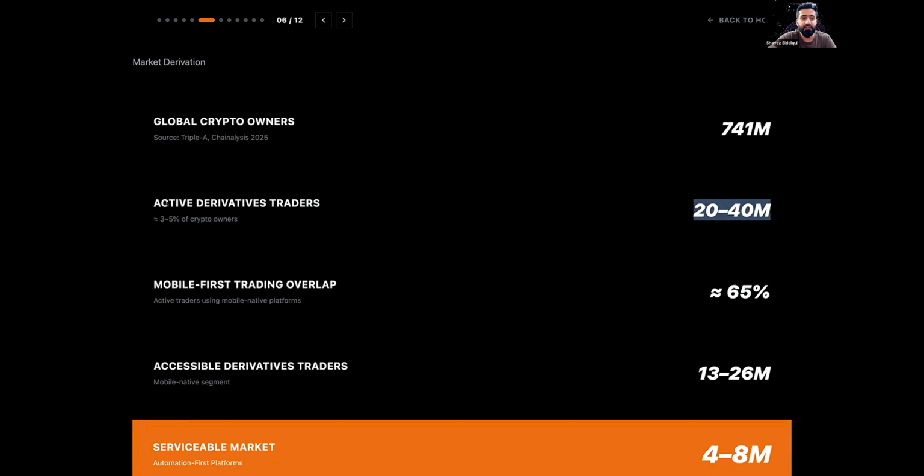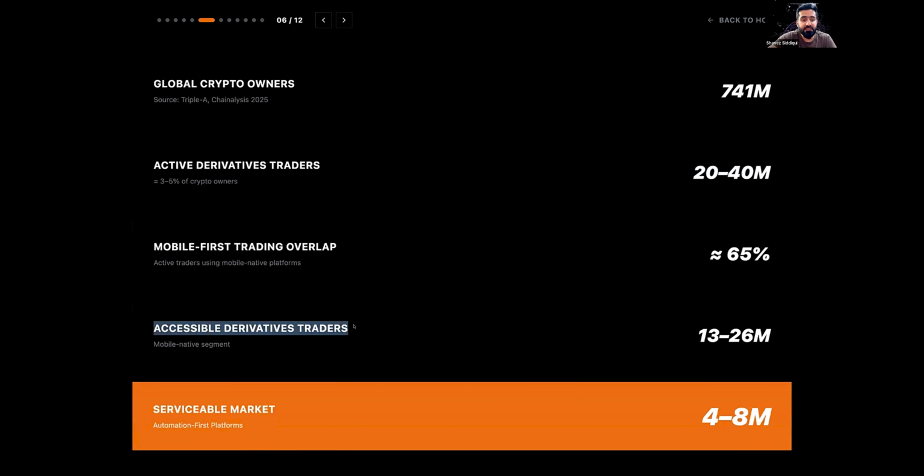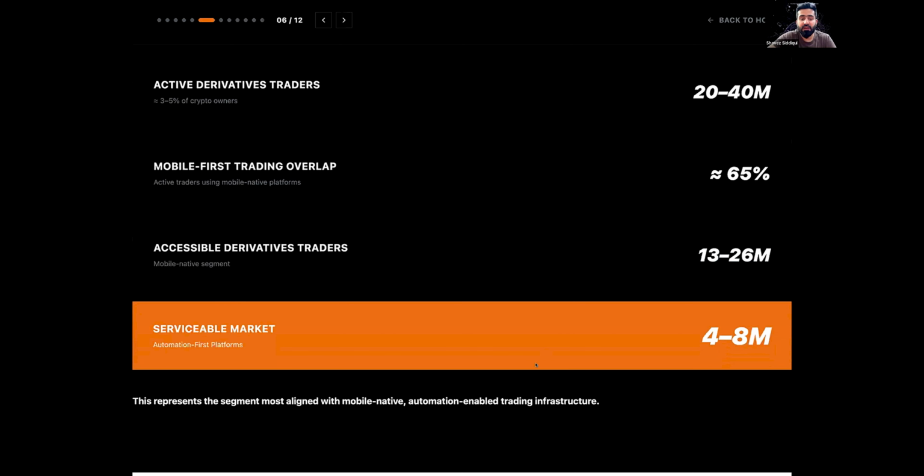Accessible derivative traders we have is 13 to 26 million, which use mobile native trading. If we funnel everything else, the scalable serviceable market we have is 4 to 8 million users that we can go to right now to give them a product that is ready to use.